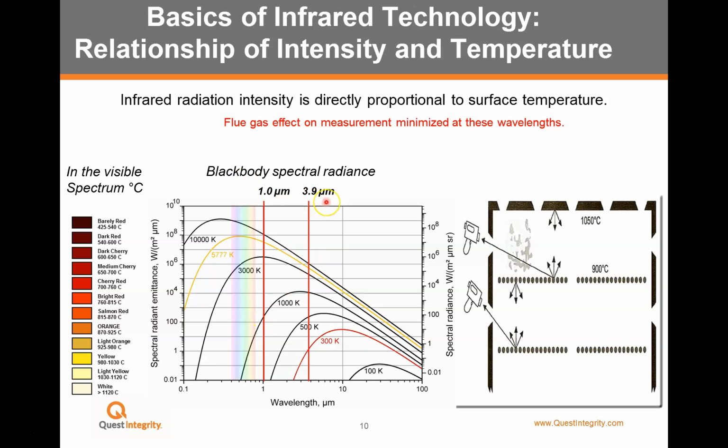These are the two popular wavelengths that cameras use inside fired heaters, and the reason those two are popular is that at those wavelengths, the flue gas effect is minimized. Now, this is all theory. In real life, why don't we get accurate temperatures? Because we do run into some issues.